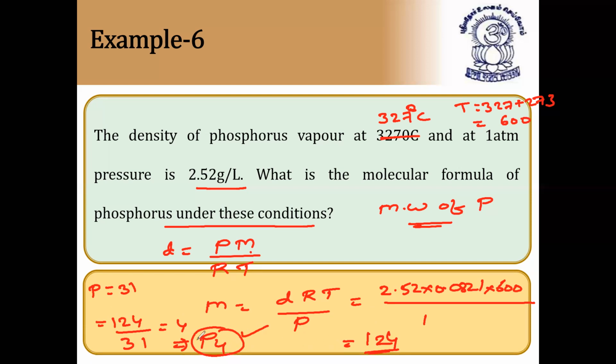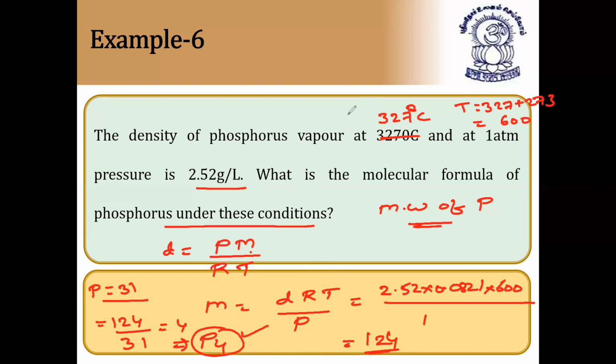I hope it is clear. So number of phosphorus in the molecular formula is a total of 4 phosphorus atoms. How many atoms? 4 phosphorus atoms. So the molecular formula of the phosphorus under this condition is P4.